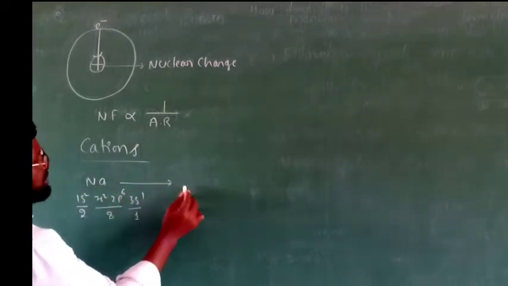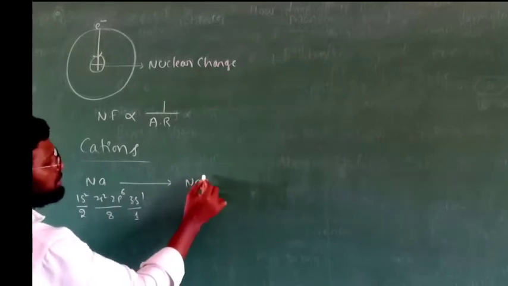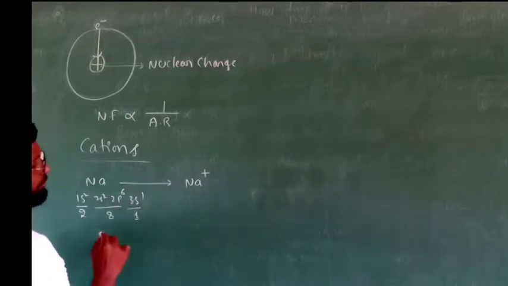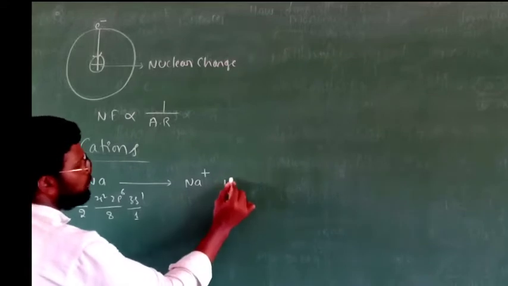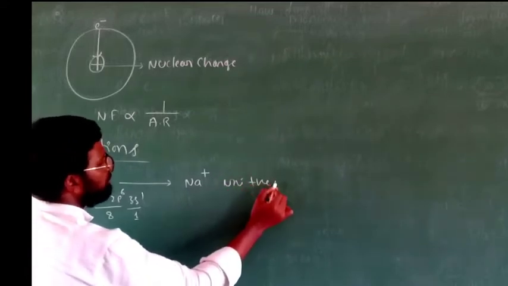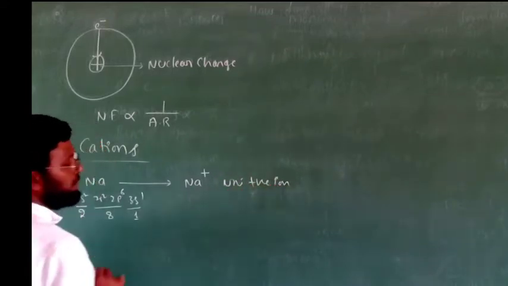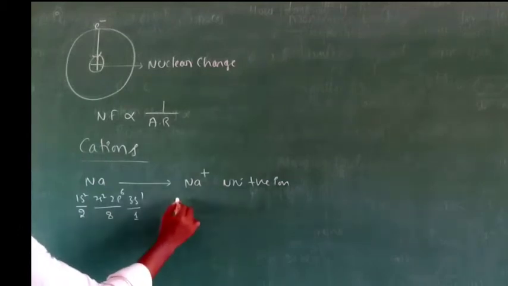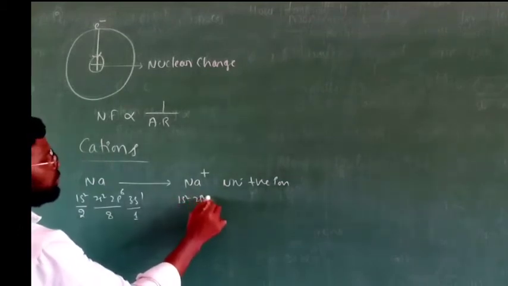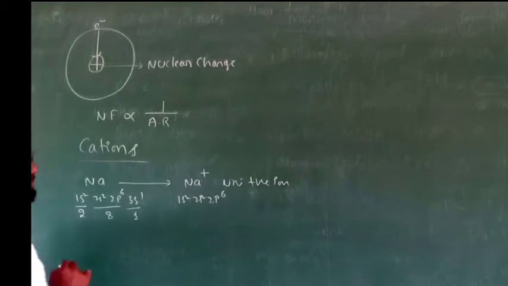When sodium loses that outermost electron, it becomes Na+, that means a uni-positive ion or cation. Now its electronic configuration is 1s2, 2s2, 2p6.